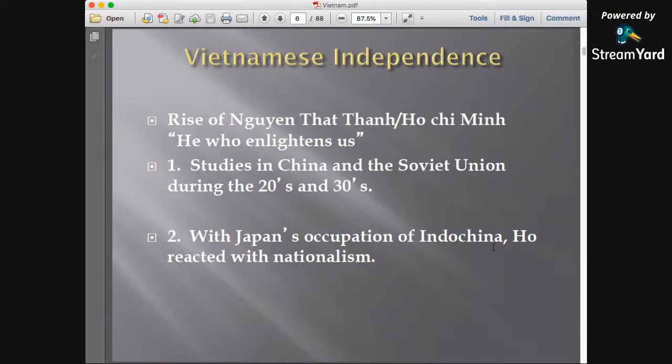He would later take the name Ho Chi Minh, which means He Who Enlightens Us. He studied in China and the Soviet Union during the 20s and 30s. And for those of you that know, when we look back at the beginnings of the Cold War, the Bolshevik Revolution takes place to oust the Romanovs in Russia.